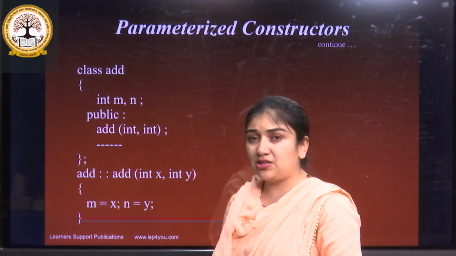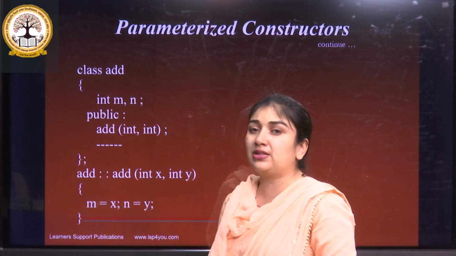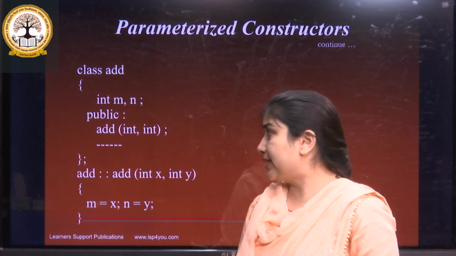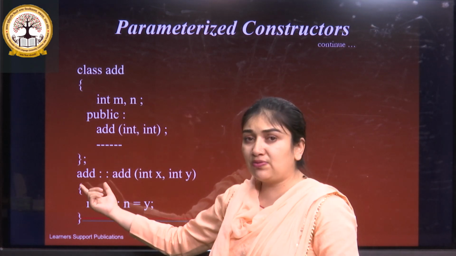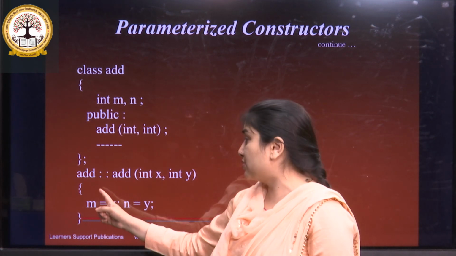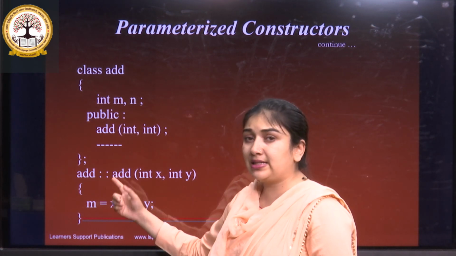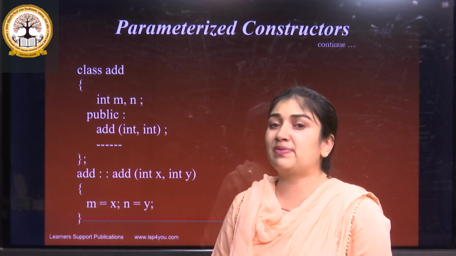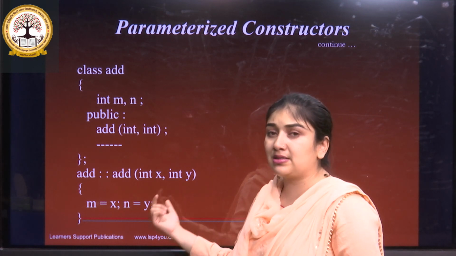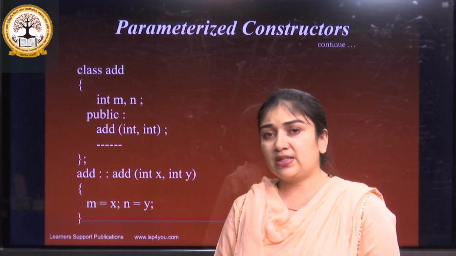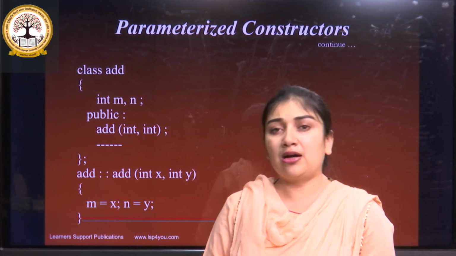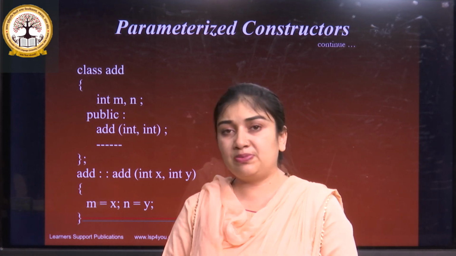It is invoked using the name of the class to which it belongs, without mentioning the return type, because a constructor never has a return type. We write the name of the class to which the constructor function belongs, followed by the scope resolution operator and the name of the constructor, and because this is a parameterized constructor, we pass different arguments, either different types or a different number, depending on how we want to initialize the objects of the class.